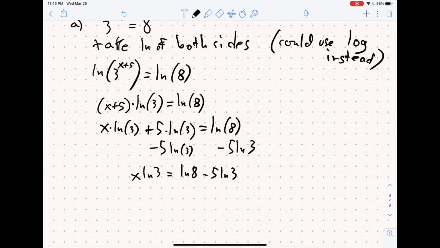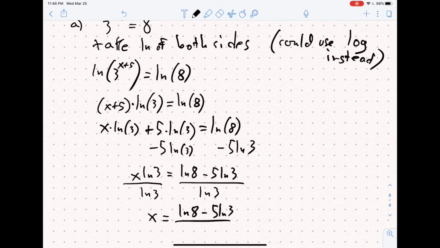And then the last thing that we're going to do is divide both sides by ln 3, because that will cancel off the ln 3 in front of the x there. So divide by ln 3. And this is x is equal to, and the answer is ln 8 minus 5 ln 3 over ln 3. That's true.